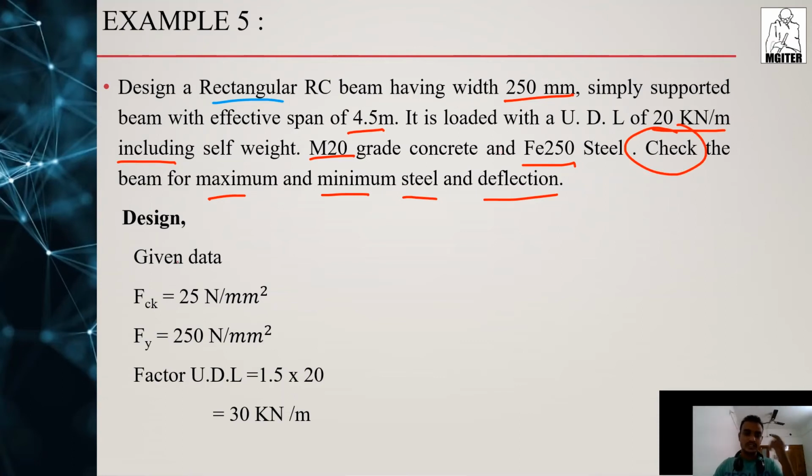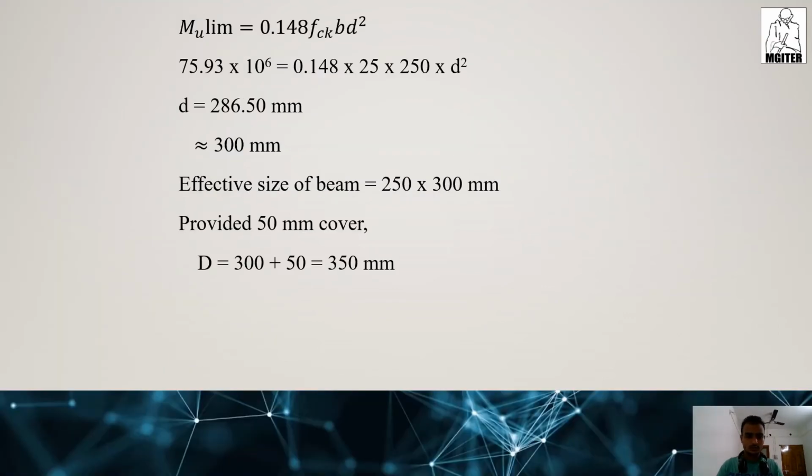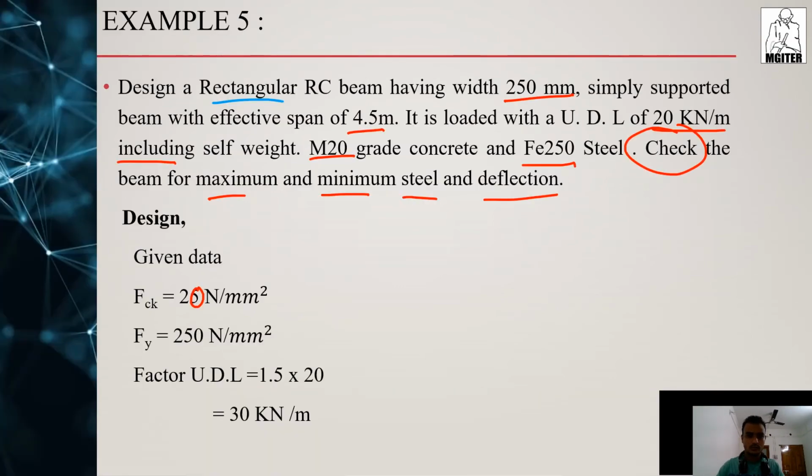Okay, so these are the given data. M25 grade concrete, Fe 250 grade steel. The factored UDL is 1.5 into 20, where 20 is the given UDL. So the factored load is 30 kN per meter.